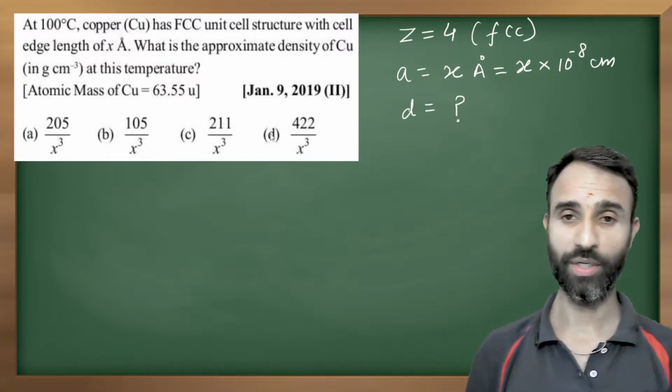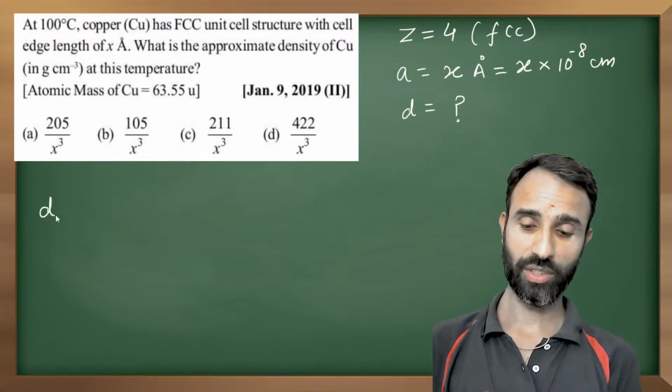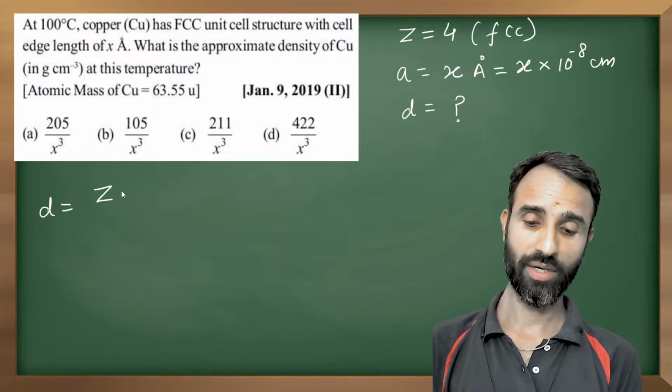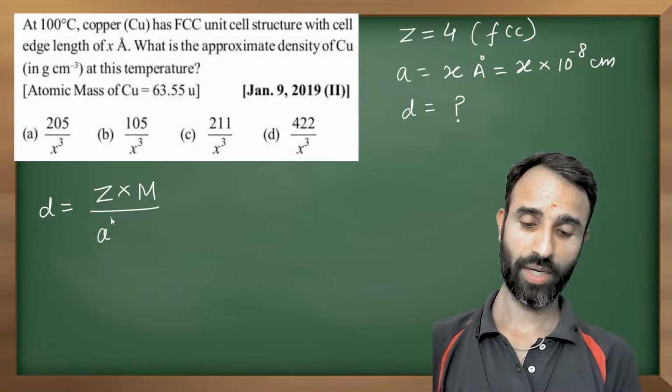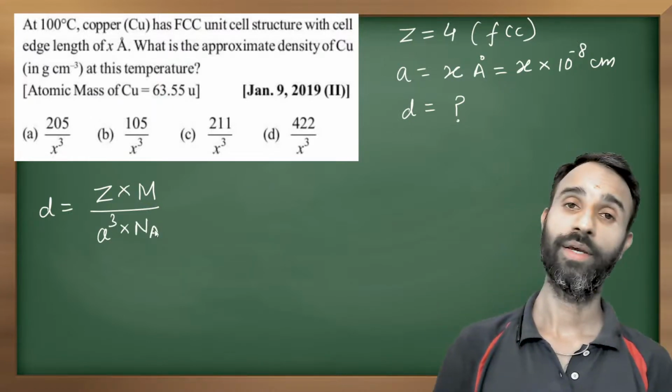Atomic mass is given. Now your relation is density is Z into capital M upon A cube into Na, right?